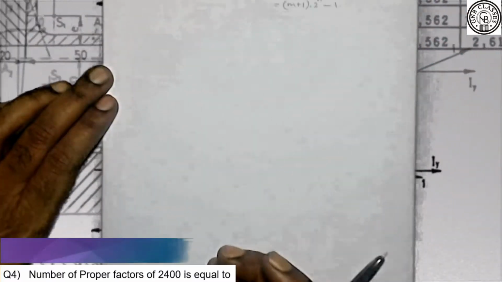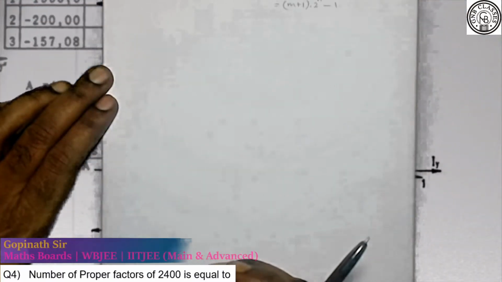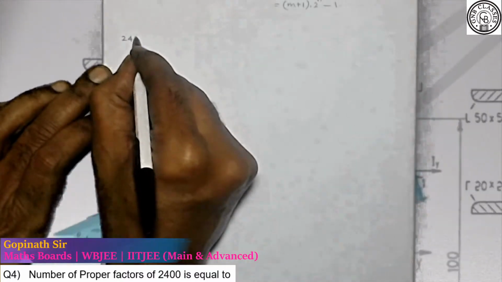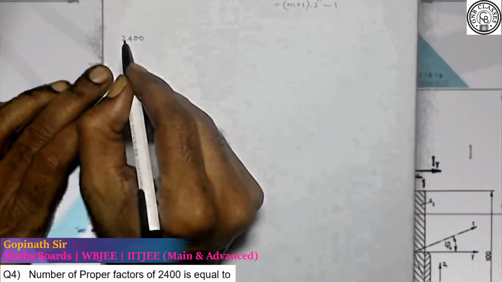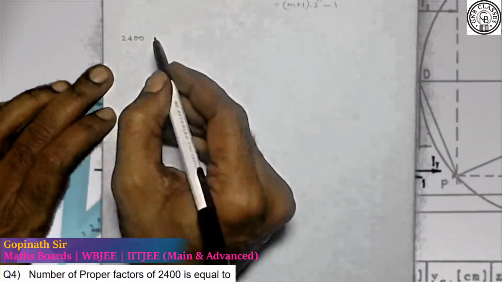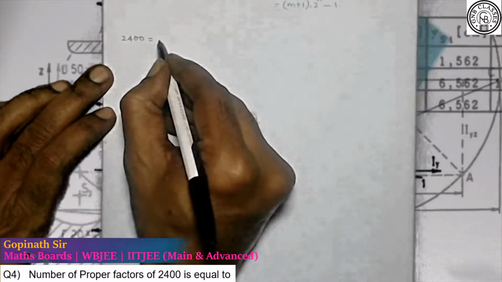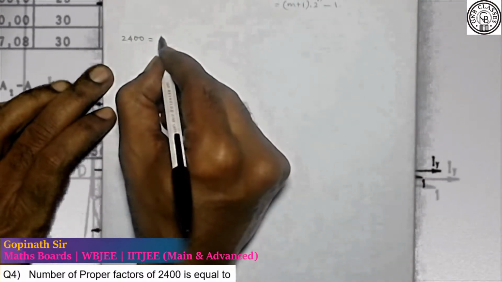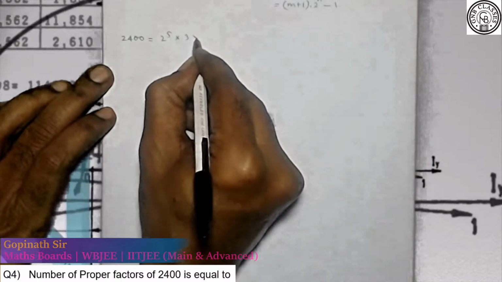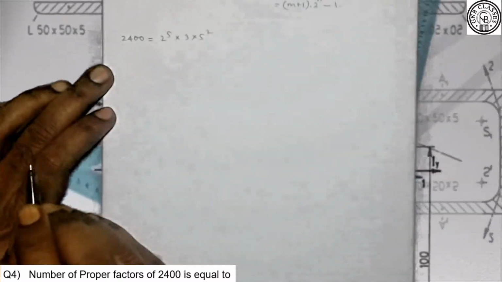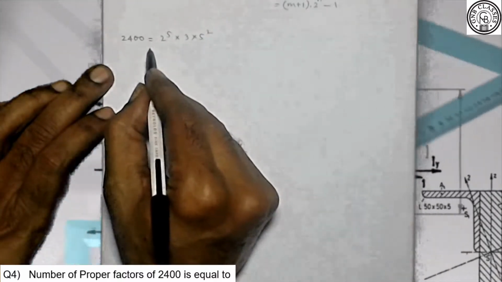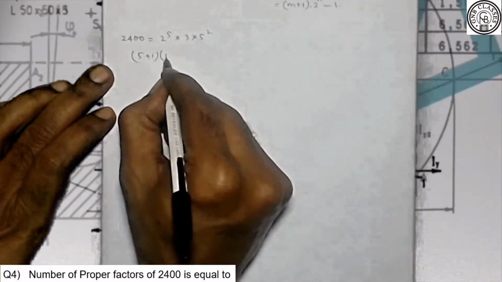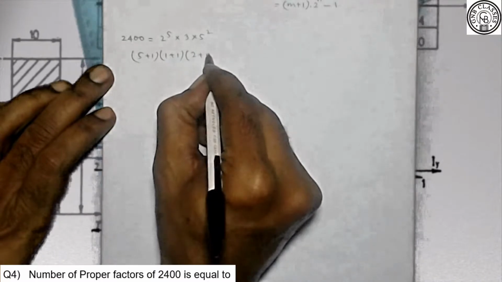Now, let us take question number 4. In question number 4, they have said, find the number of proper factors of 2400. Proper factors. So if we go for prime factorization of 2400, we are going to have 2 to the power 5 into 3 into 5 square. Now, what is the total number of factors? It will be 5 plus 1, 1 plus 1, 2 plus 1.